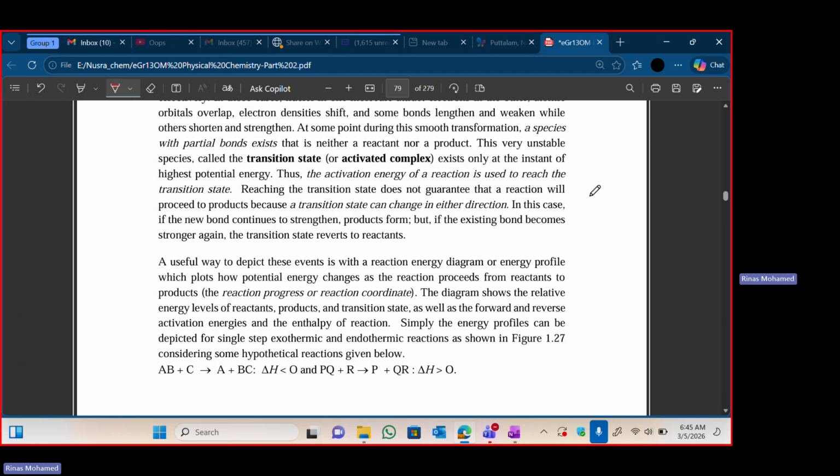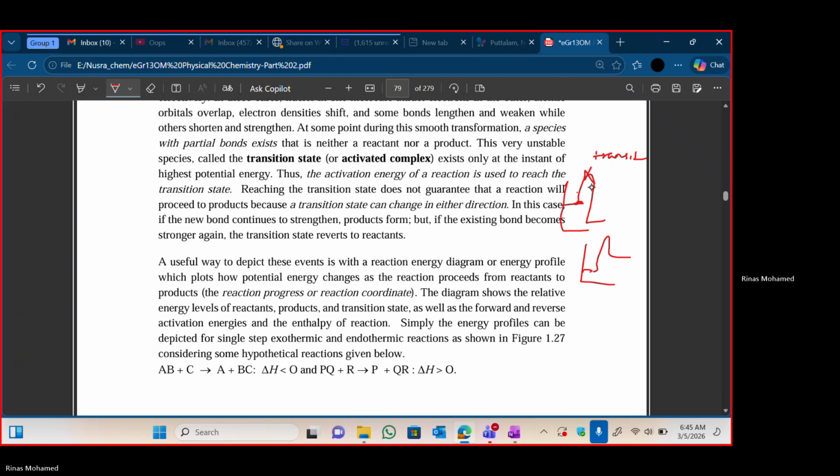So for any reaction to happen, they will pass through an activation energy barrier like this one, whether it is an exothermic or endothermic reaction like this one. They have an energy barrier between the reactant and the activated state, or transition state.